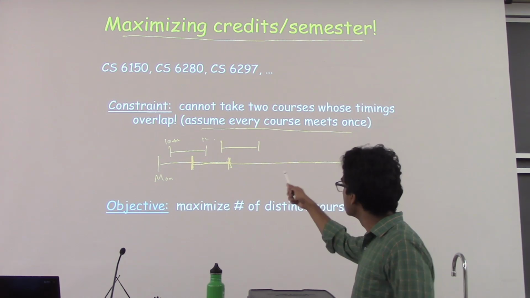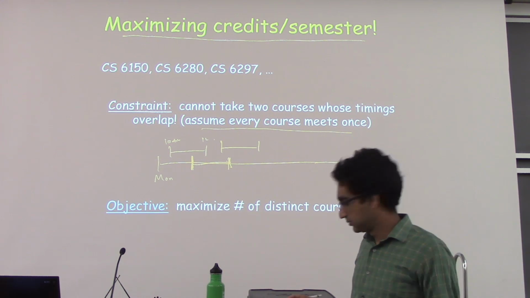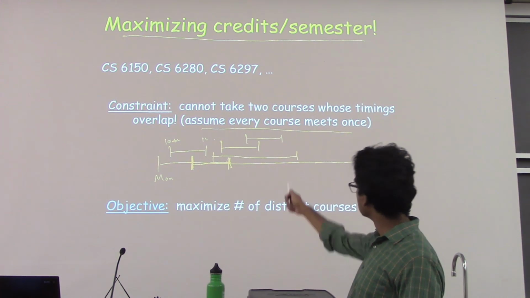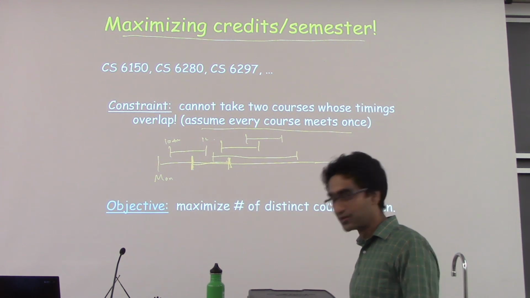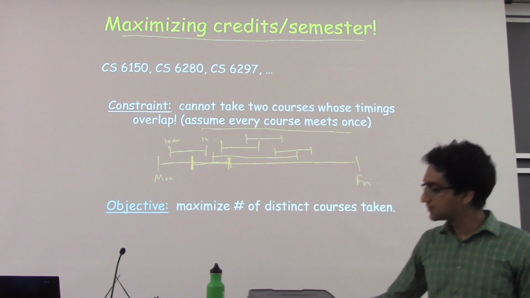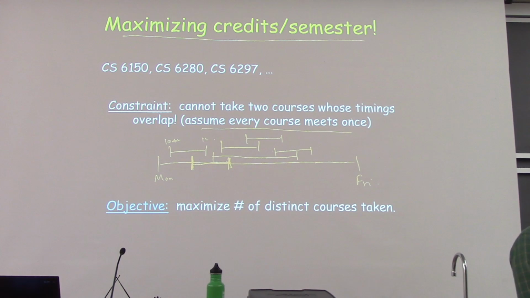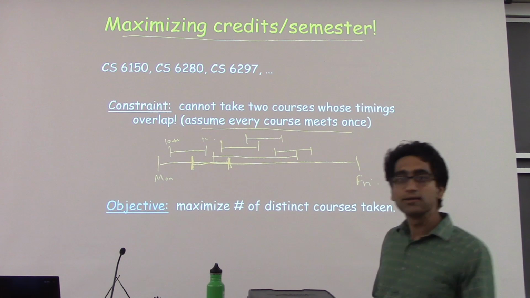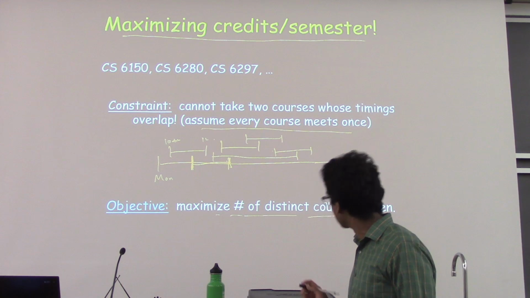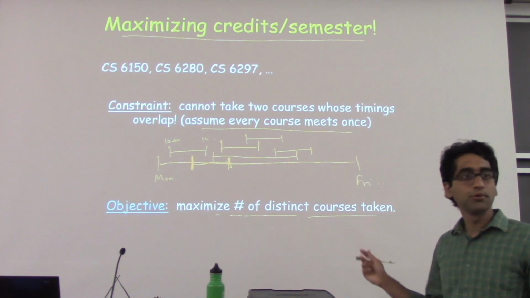Each course is just an interval, and maybe you have this super long course that just goes on forever, and so on. So you have a collection of intervals like this, and the objective, as I said, is to maximize the number of distinct courses that you take.